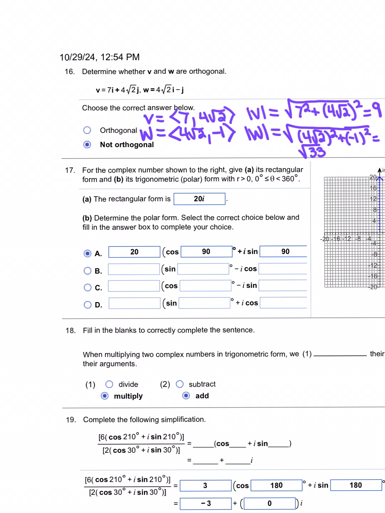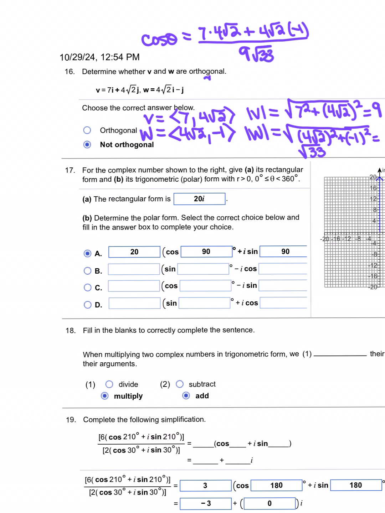So now we're going to say cosine theta is equal to the dot product, which is 7 times 4 square root of 2 plus 4 square root of 2 times negative 1, over 9 times square root of 33.